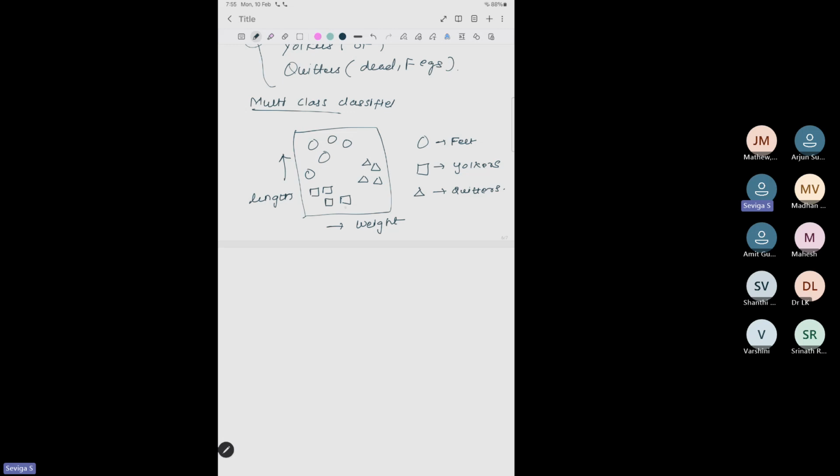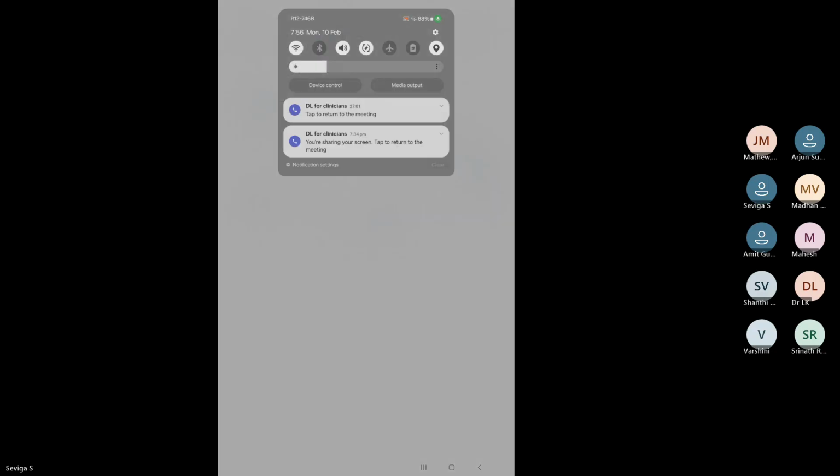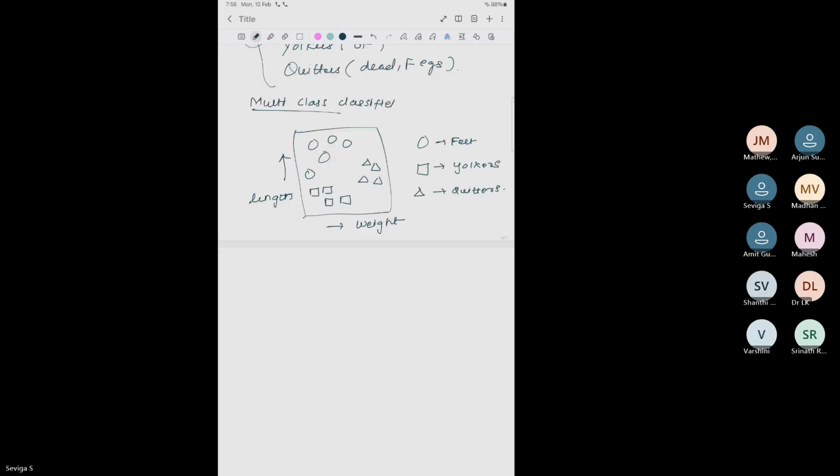So we have three classes of the eggs. All these three categories are measured using candling. Now the job is assigning one of these three classes to the new inputs, called multi-class classification.